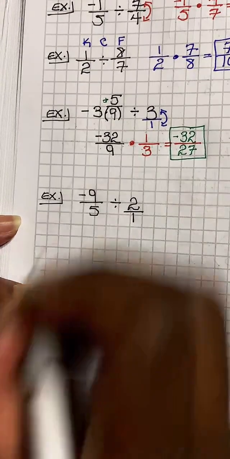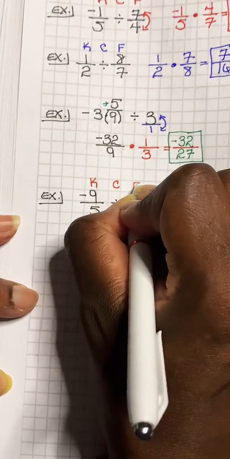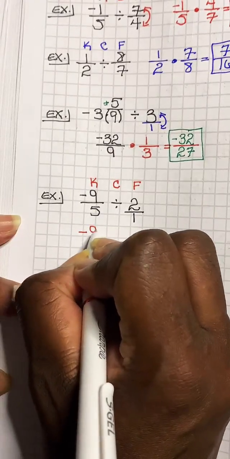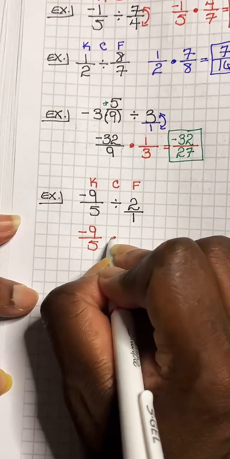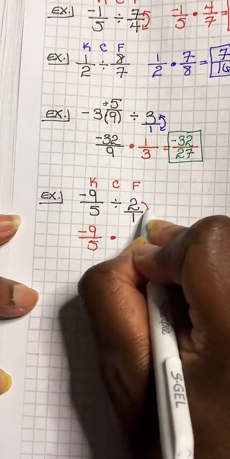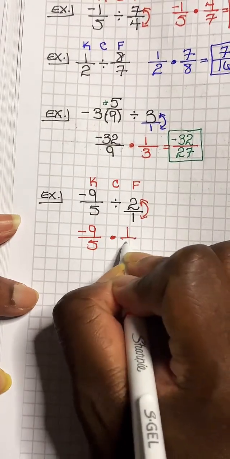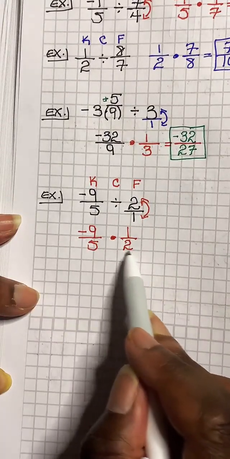All right, first, we need to put this 2 over 1. Then we're going into keep, change, flip. So we're going to keep this as negative 9/5. We're going to change that division to multiplication, and we're going to flip that second ratio, which is 1 over 2. I look on the diagonals to see if I can reduce it.